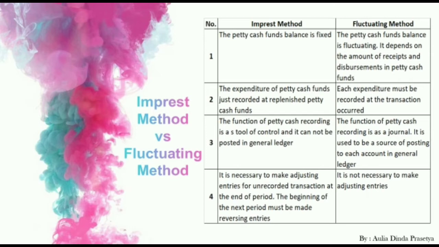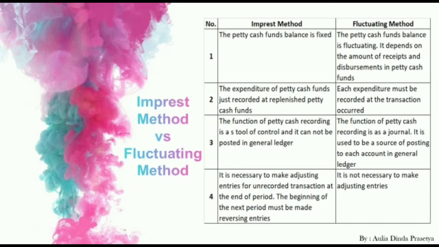It depends on the amount of receipts and disbursements in petty cash funds. The second point is, for impress method, the expenditure of petty cash funds is just recorded at replenishment of petty cash funds, while for fluctuating method, each expenditure must be recorded when the transaction occurs.